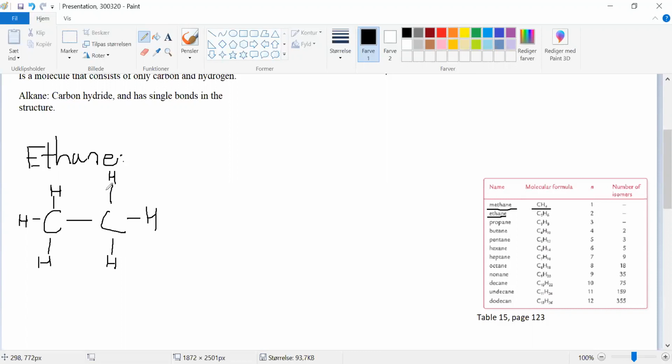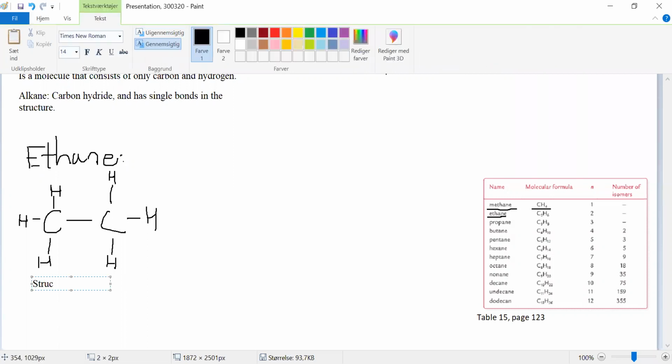So it has 8 electrons in its outermost shell. So this carbon here fulfills the octet rule, and the same goes for the carbon on the left, 4 bonds. And we can see that all the hydrogens only have 1 bond, so they also fulfill their octet rule, which is only 2 electrons. And this is the structural formula for ethane I have drawn here.